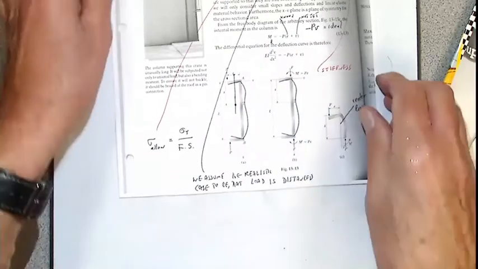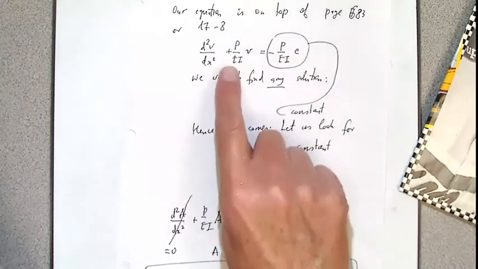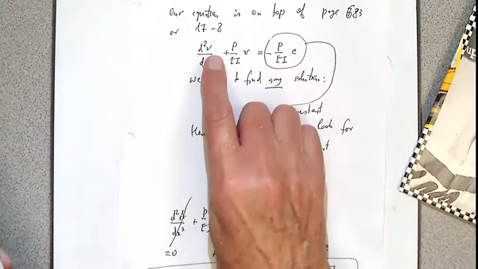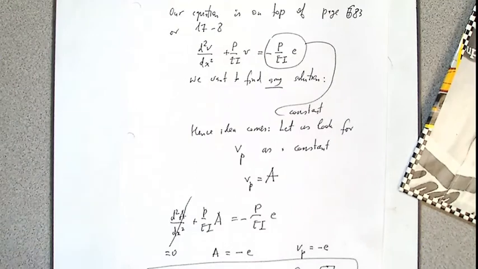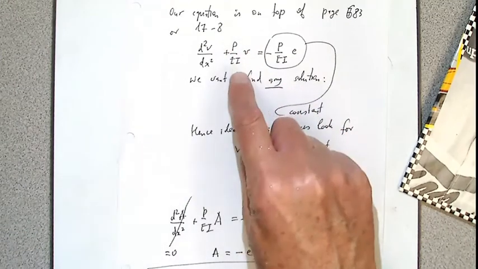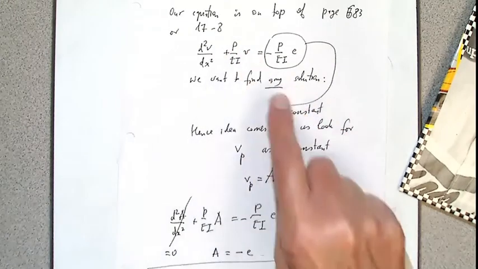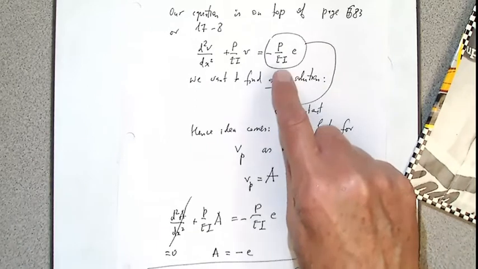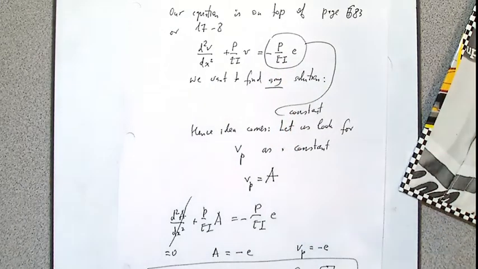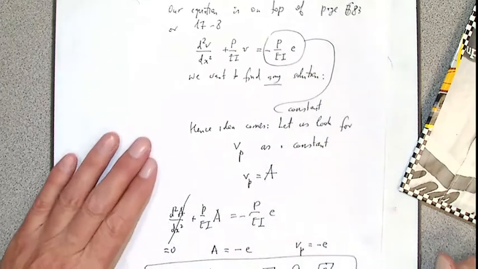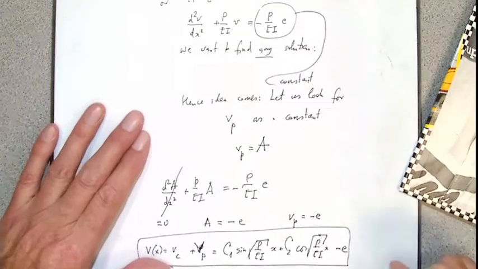Okay? We were solving a differential equation. This differential equation: the second derivative of v with respect to x plus P over EI v equals minus P over EI times e. That is this eccentricity. And what we did actually is as follows.